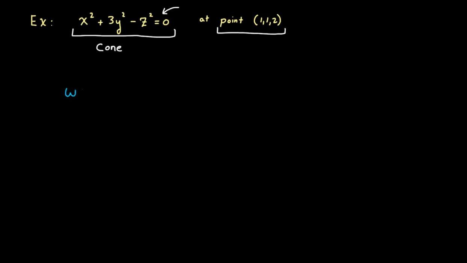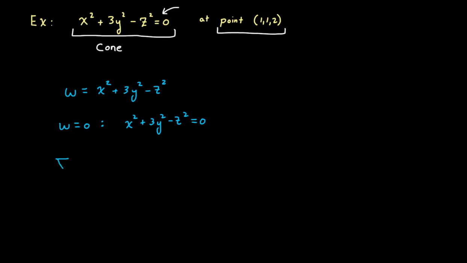So let's let w equal x squared plus 3y squared minus z squared. Nowhere in the problem does it say that. We made that up. We induced this fourth dimensional function so that if we let w equal 0, then we have this elliptical cone as a level surface.